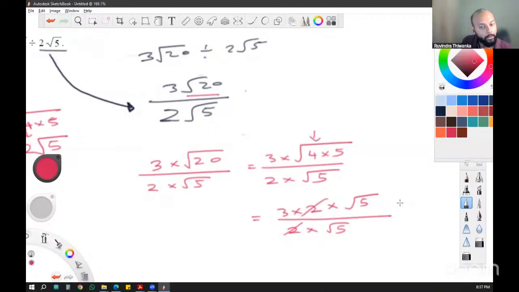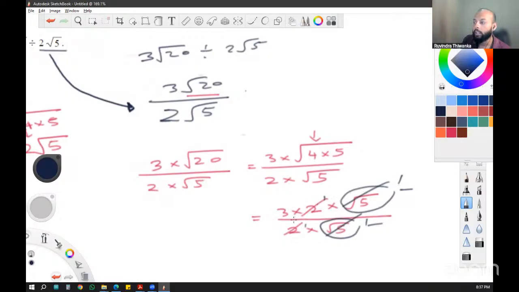On top we have root 5 and on the bottom we have root 5. In the numerator and denominator you have root 5. That means we can cut each other off, since these two root 5s contain the same value. So we cut each other and put 1. Here 2 divided by 2 is 1.